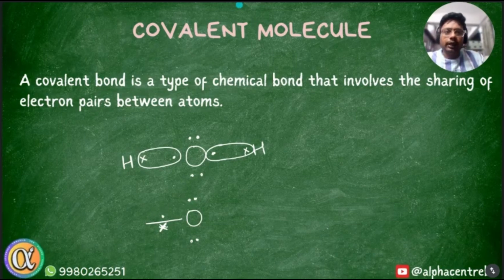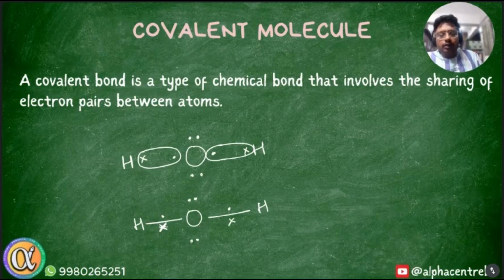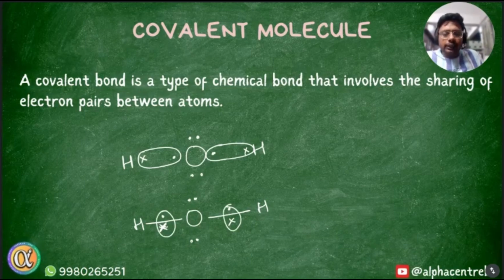And this is another hydrogen, also sharing one electron. Again, the rule of sharing is that every atom gives one. So this one electron is given by oxygen and the other by hydrogen. This way, a bond is formed between hydrogen and oxygen, and such bonds are called covalent bonds.